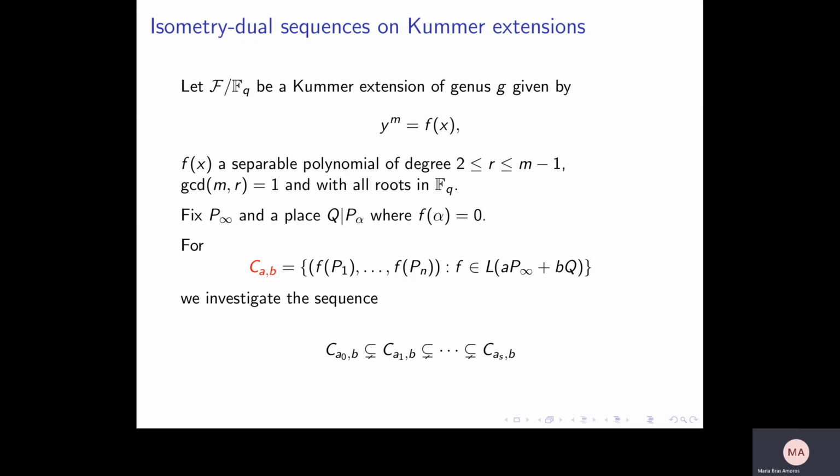In this case, for evaluating functions in L of A, P infinity plus B, Q, where Q is this point corresponding to a root of the polynomial f. We investigate, as before, the sequence of codes given by a fixed B.